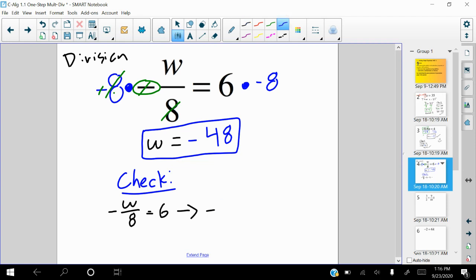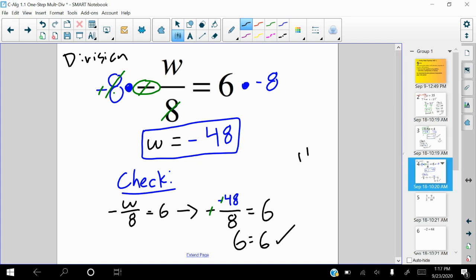We're going to substitute in our value of negative 48 for W, and it might look a little bit confusing, but that's okay. Well, we have the opposite of this fraction. We have a double negative, which guess what, folks? Those cancel out. Beautiful. So now we have 48 over 8 is equal to 6. Well, what's 48 divided by 8? That's 6. So 6 is equal to 6, which means that we have a true statement.